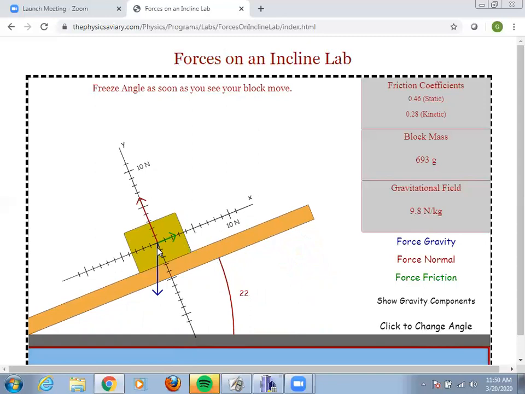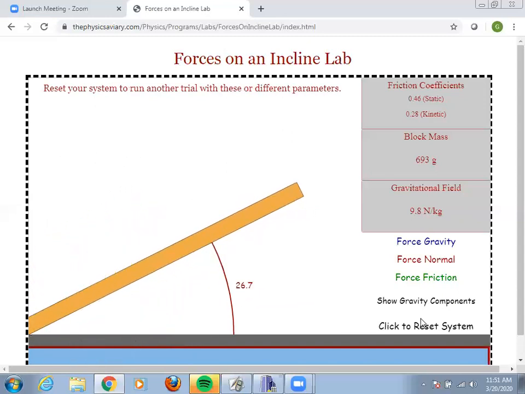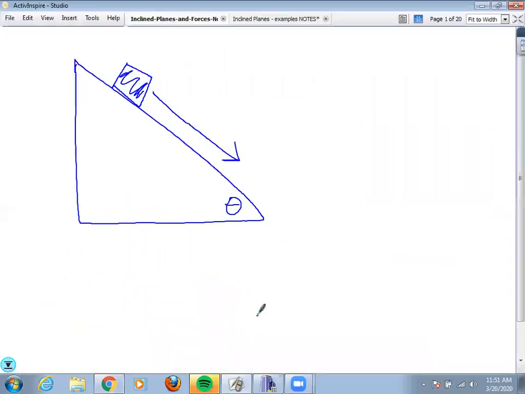You can clearly see FG is still always pointed down towards the center of Earth, but we have the friction force, which is parallel to the surface, and FN, which is perpendicular to the surface. It's almost like weight is fixed going vertically down, and these other two forces are changing as you change the angle. And there it goes, it slides. So that's essentially what an inclined plane does.